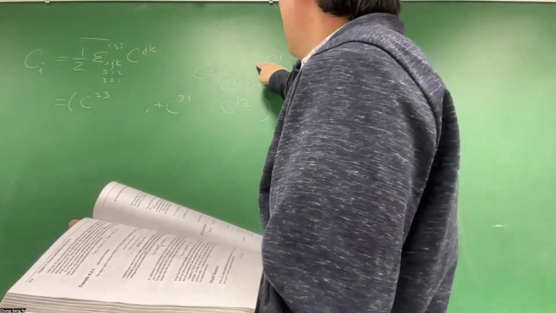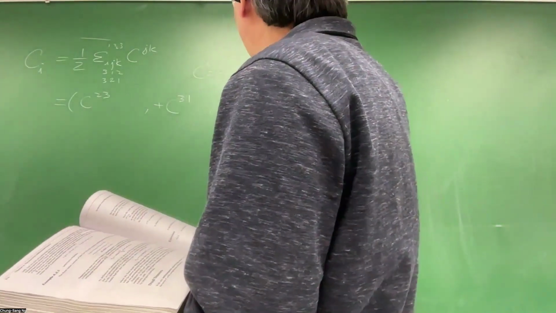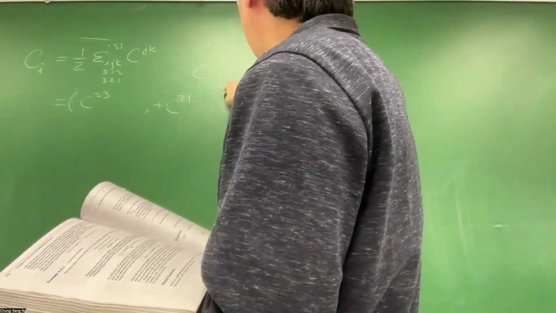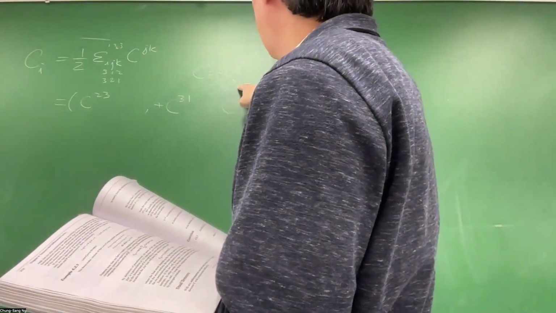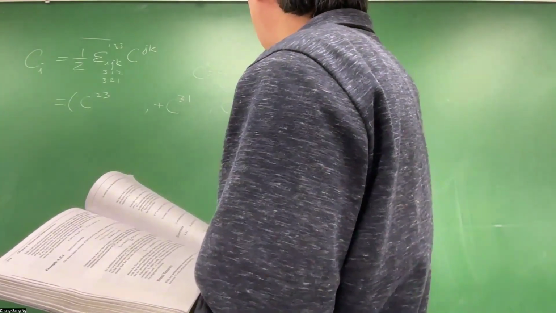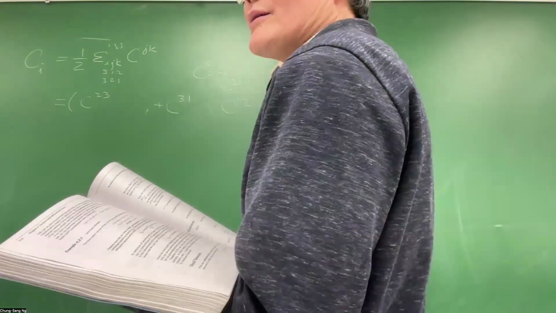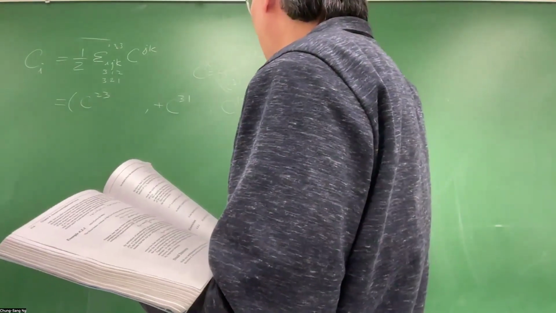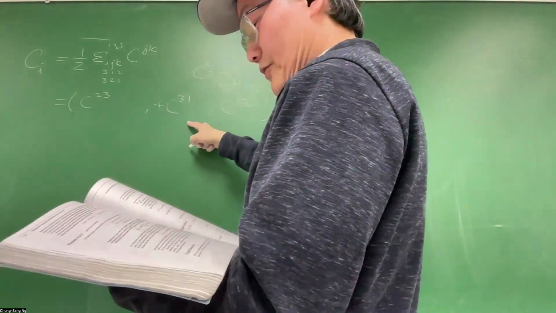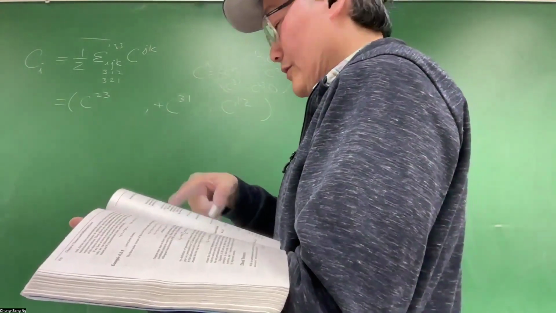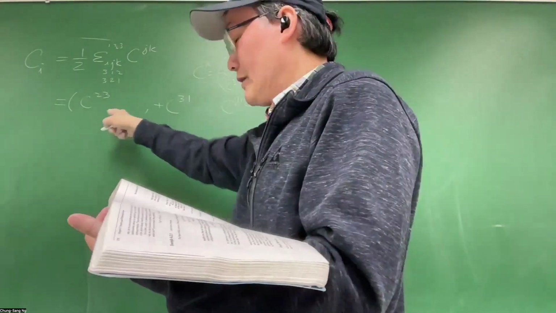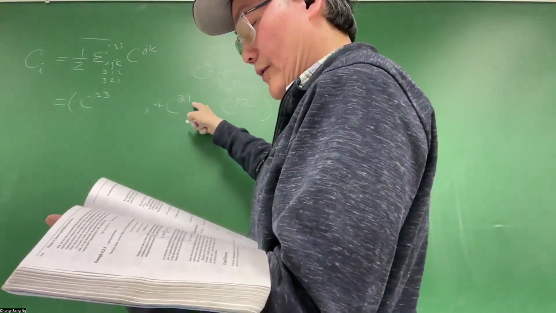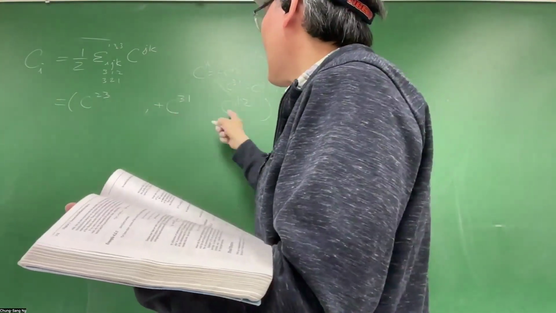Yes, this is C_13, but because it's anti-symmetric, you define this as the C_31 element, which is negative C_13. Originally I wrote C_12 and C_13 here, but the textbook wants to write it in these 3 elements, C_23, C_31, C_12, to make them all positive sign.